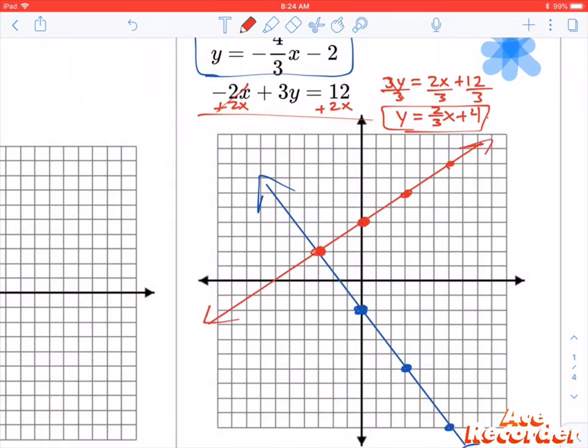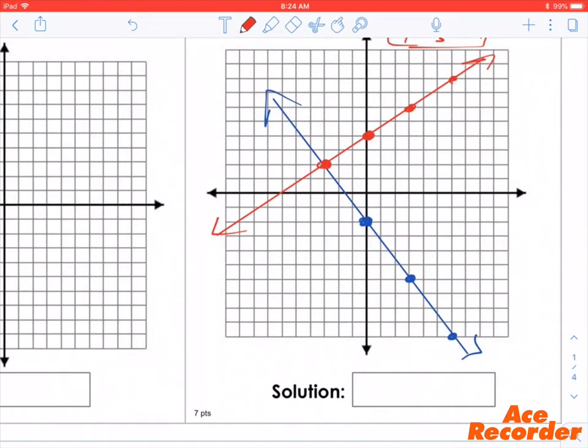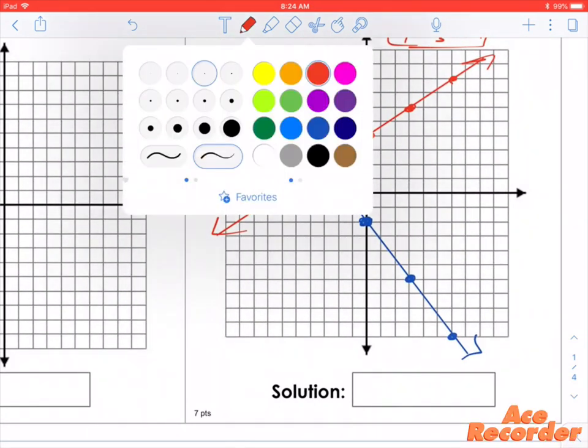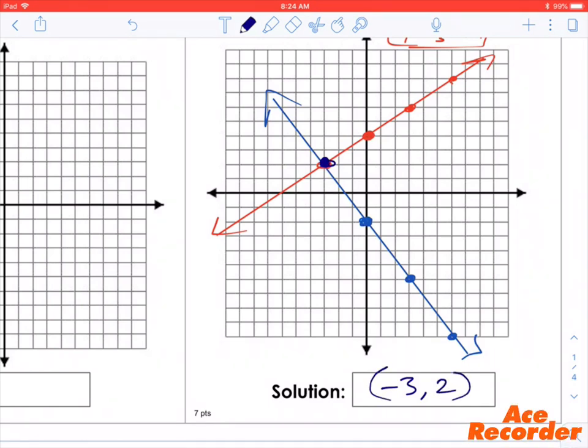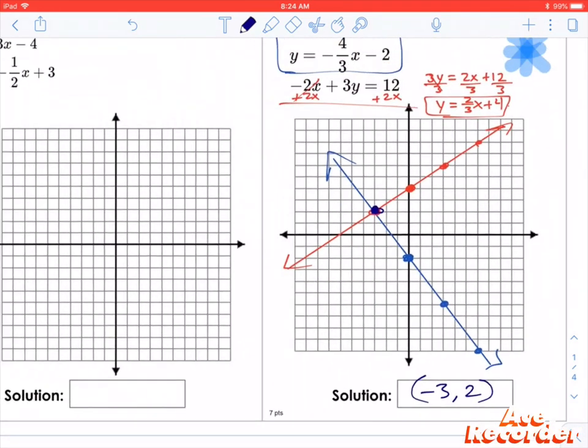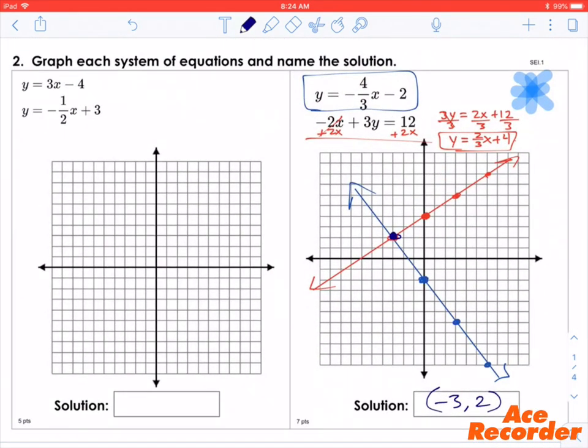Excuse me. So our answer is that crossing point. That is left 3 for x, so -3, comma, up 2, and there's my point. Okay, so you're doing the same thing on the other one. I'll let you do that. Let's go to the next page.